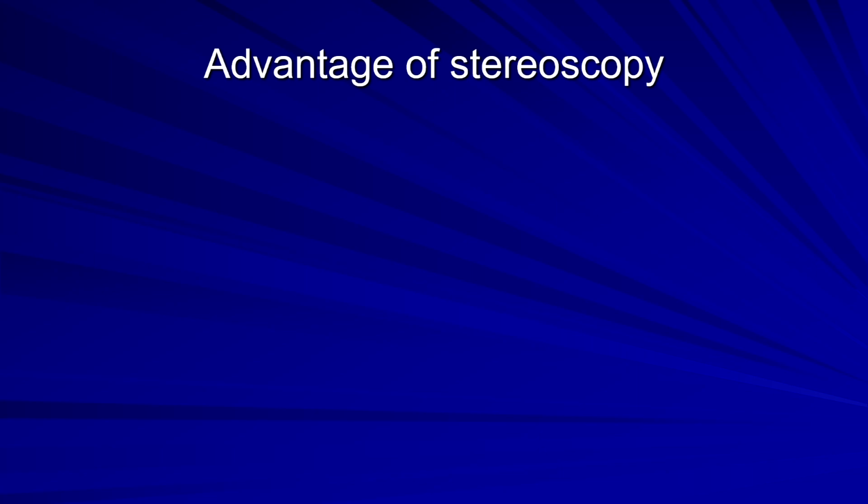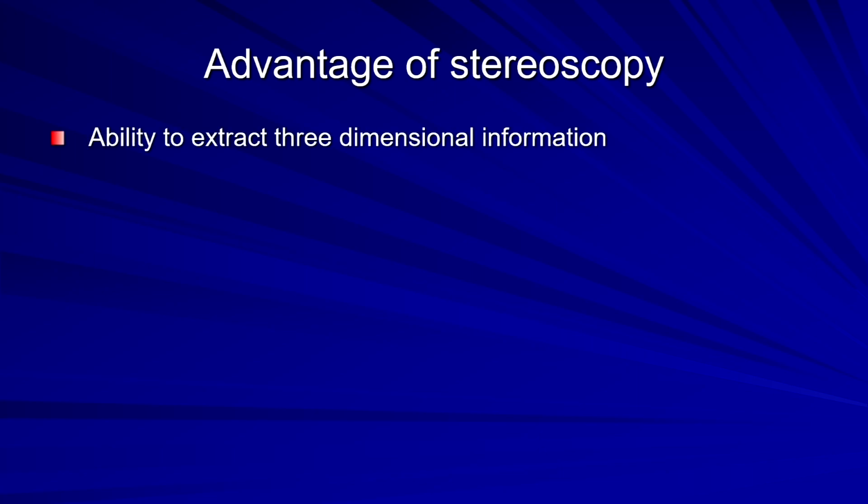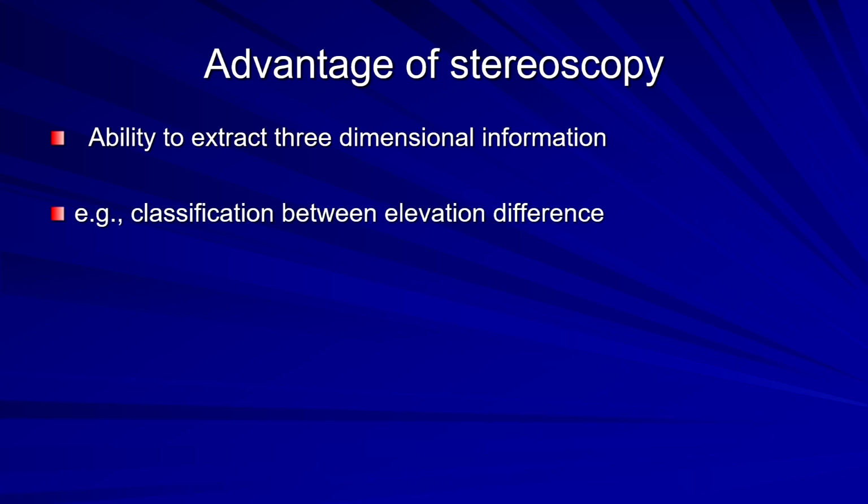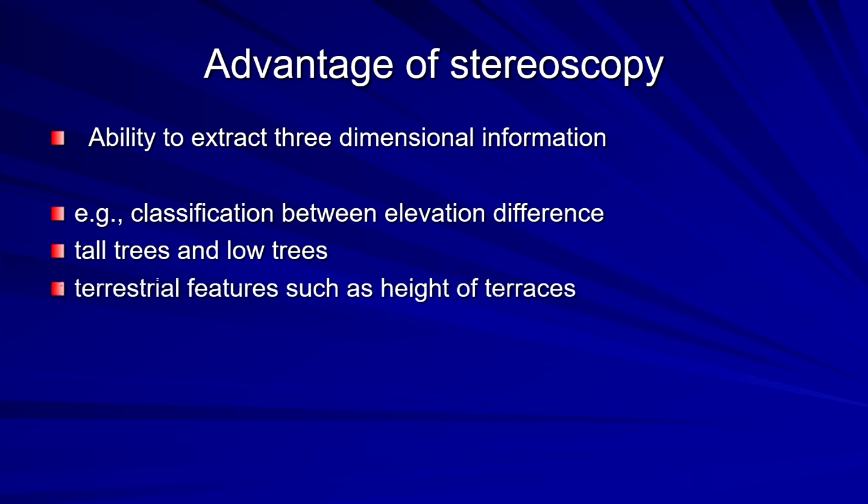Now, the advantages of stereoscopy: it has an ability to extract 3-dimensional information, for example classification between elevation difference, tall trees or low trees, and terrestrial features such as height of the terraces. These are all fluvial landforms, which we are going to talk about in the next lectures. Okay. Coming lectures will cover the different landforms and all that.